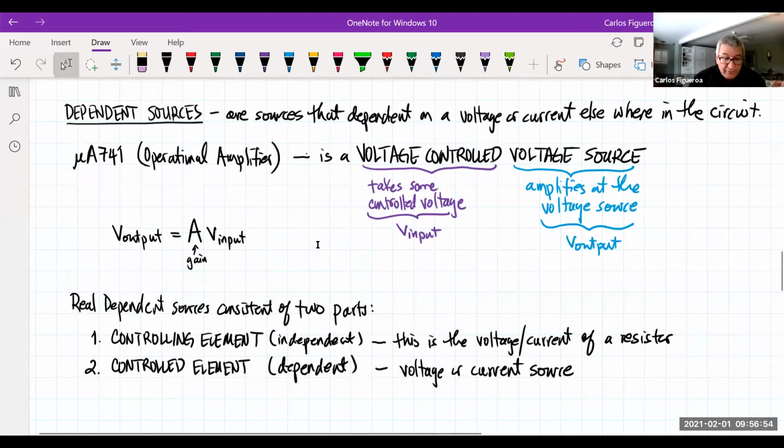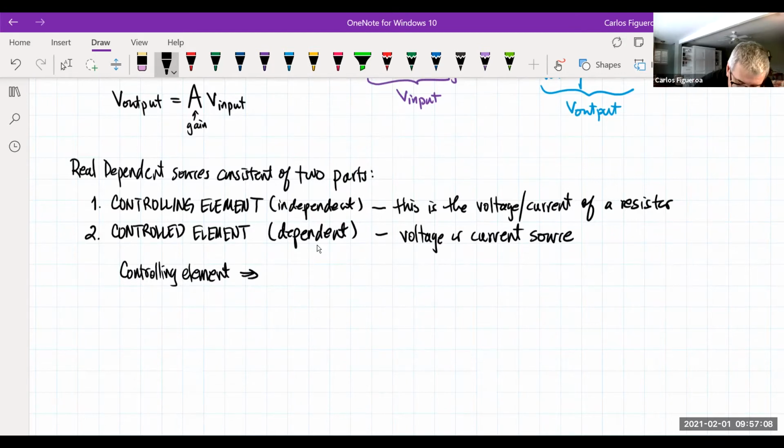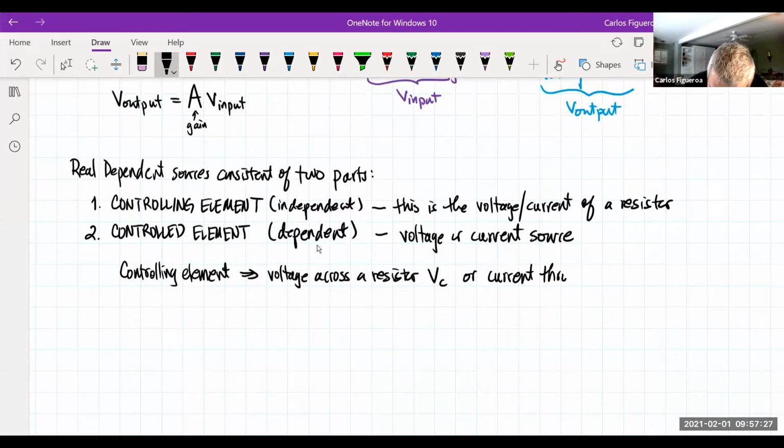So what I'm going to do here is that to make things a little bit cleaner, whenever I have a controlling element, this implies that it's either the voltage across a resistor, which I'll call VC, or the current through a resistor, which I'll call IC.